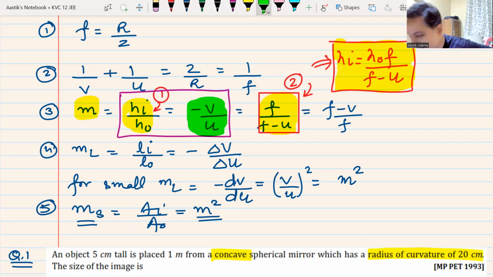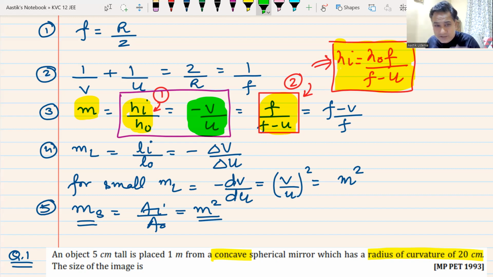And as soon as you realize this, the answer is right there in front of your eyes. Here it does not require the focal length of the mirror. Yes, sir. It does not require the focal length of the mirror.